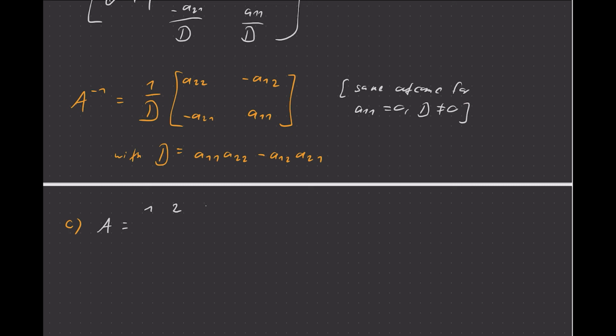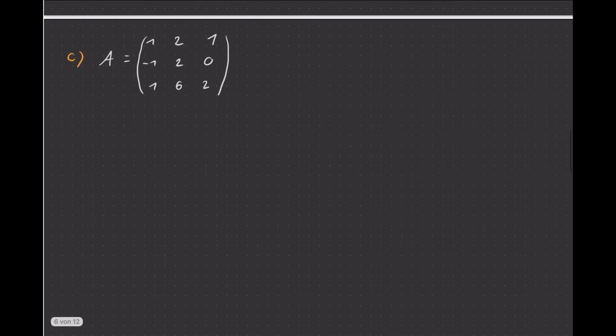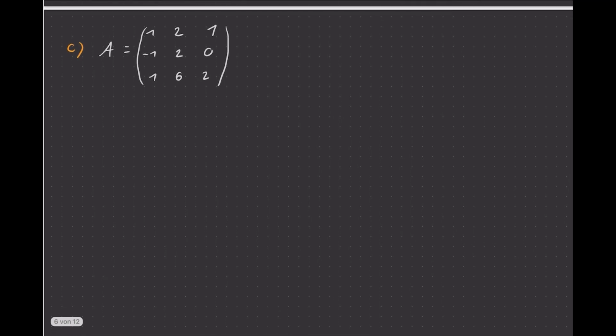And I'm going to use 1, 2, 1, minus 1, 2, 0, and 1, 6, 2. It's not clear, at least not to me at this moment, if that is an invertible matrix or not. So we just have to go through the motions.